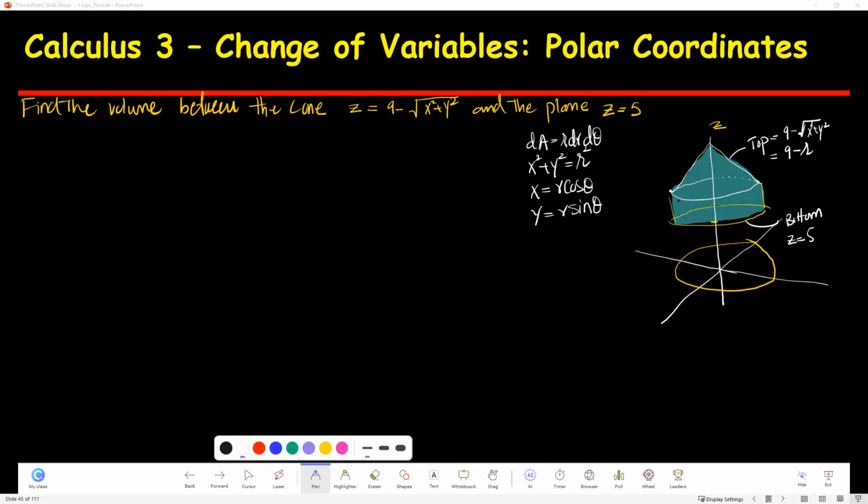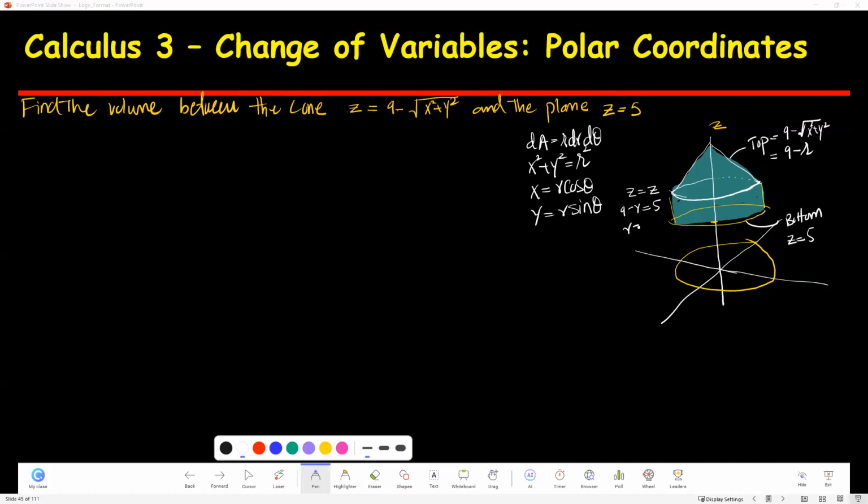So basically at this point, in the middle, can I write this equation that z equals to z, both z's are equal, like z of the bottom and z of the top should be equal. And I can write 9 minus r equals to 5.